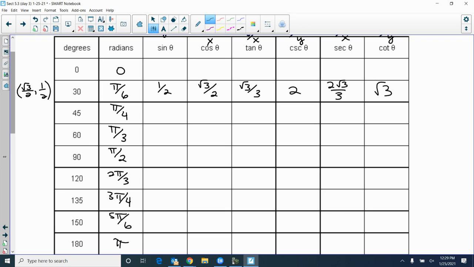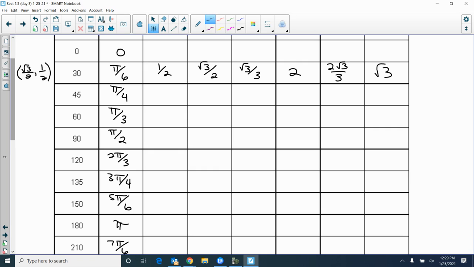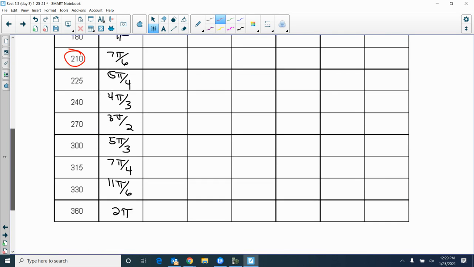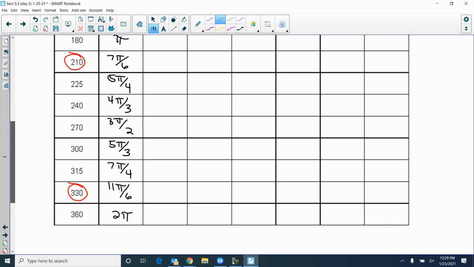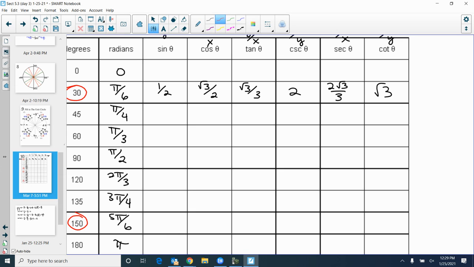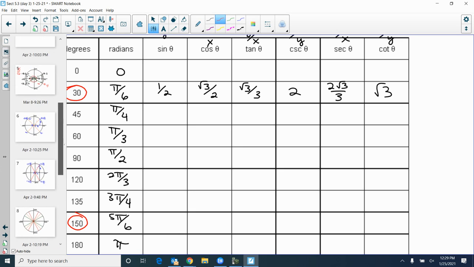Clev, what 3 other angles have those same coordinates? 150, 210, and 330. Okay, because those all have a reference angle of 30 degrees.